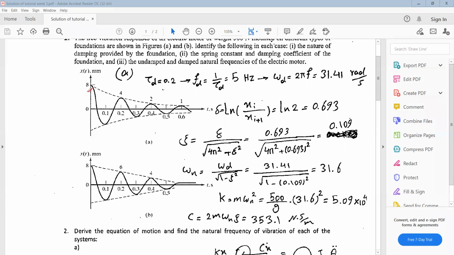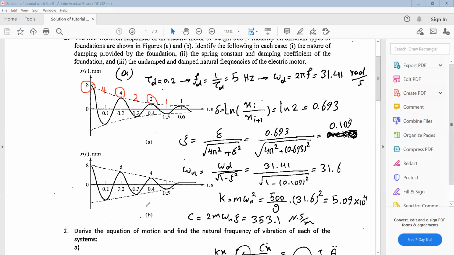For case A, you can see the first amplitude is 8, then it decreased to 4, then to 2. So the amplitude in the first step decreased by 4, in the next step by 2, and in the last one by 1. So it's decreasing exponentially, it's not linear, as you can see.